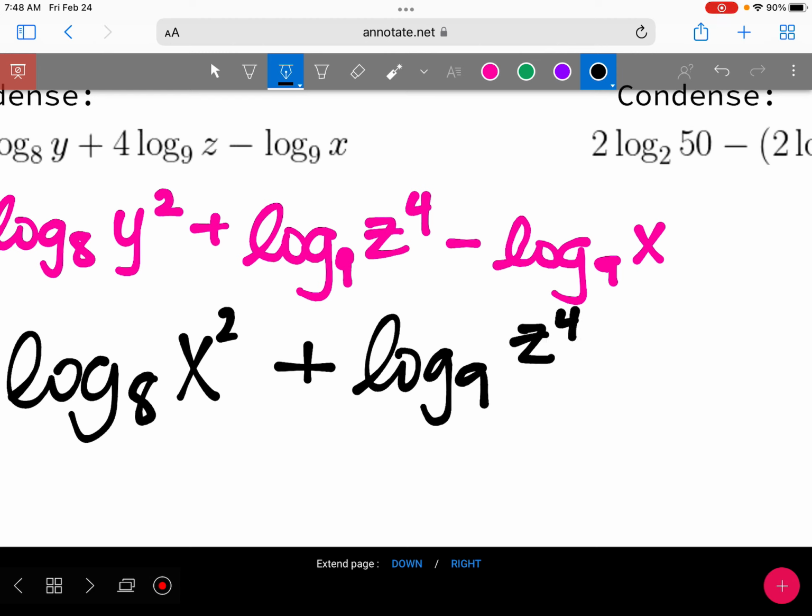And bottom? Nope, just x. That's our base. Don't forget that's just our base. So just x. Okay? Does that make sense? Everyone feel okay about that?